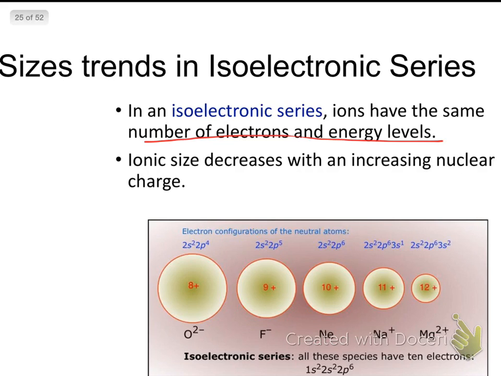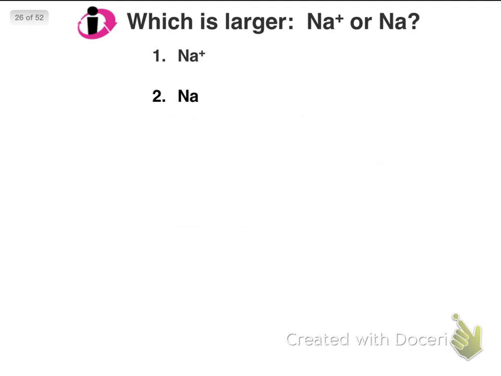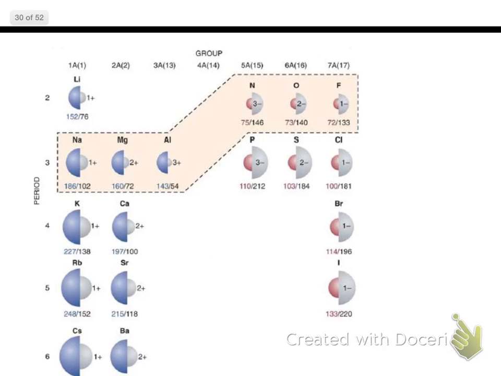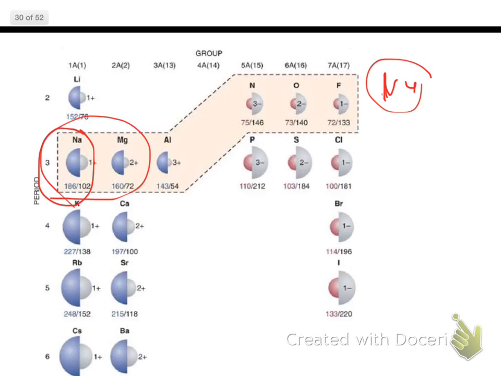Let's skip ahead to another diagram that I think will be helpful to think about this. If sodium is losing an electron, it is becoming like neon, the noble gas neon. It loses that outer shell. If magnesium loses its 2 electrons, it also becomes like neon.